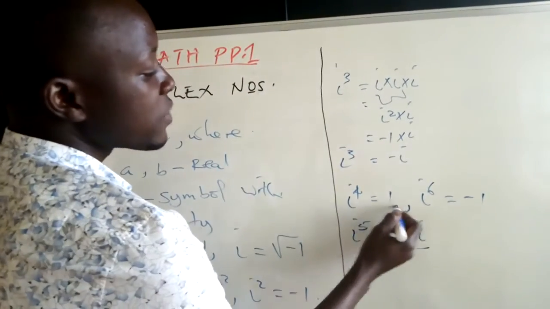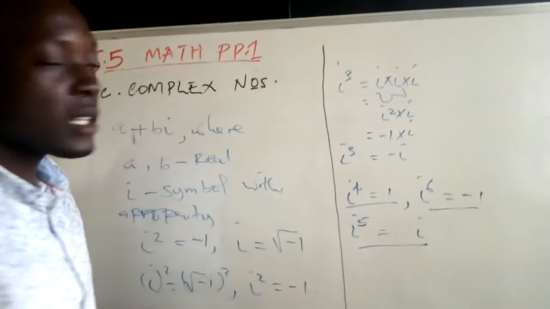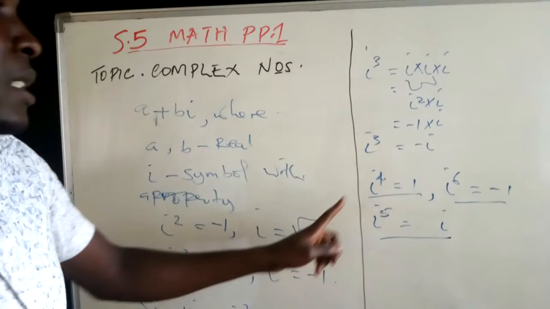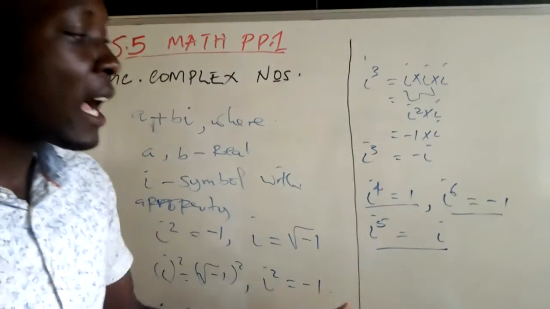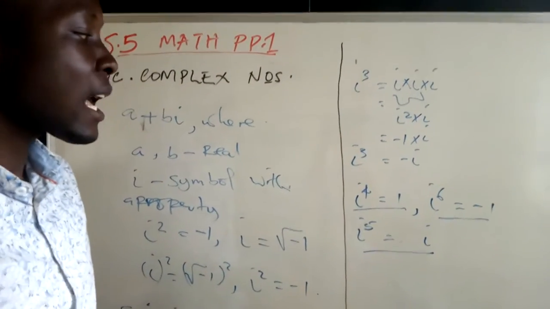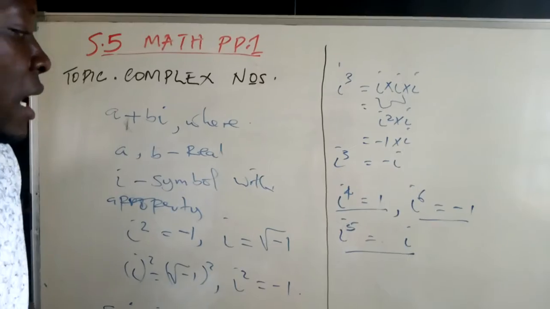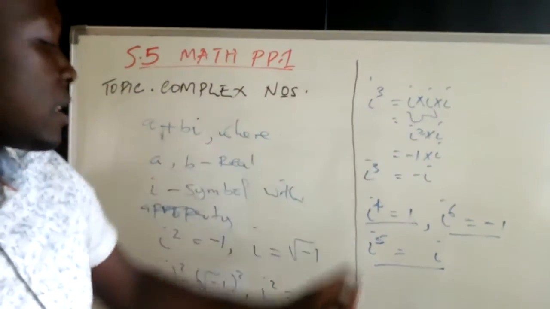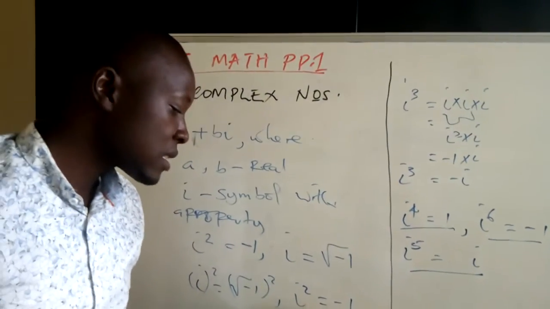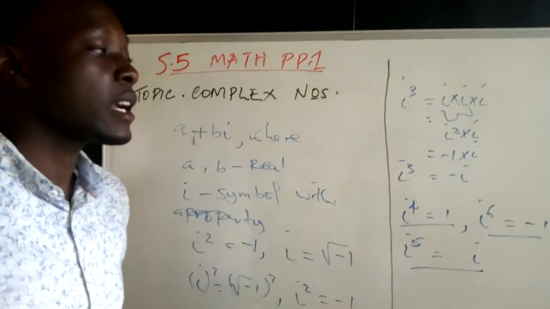So you can prove these basing on the indices. That's to do with i power 4 being i multiplied by itself 4 times, and wherever you have i squared, you put the property which says i squared is -1.